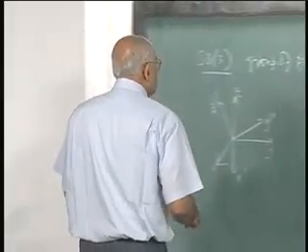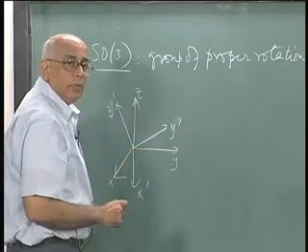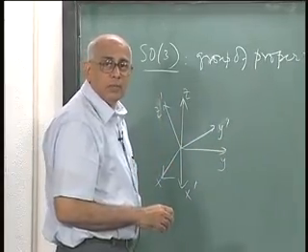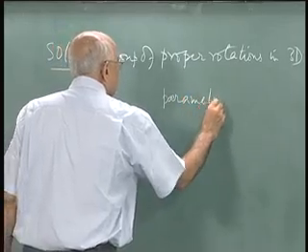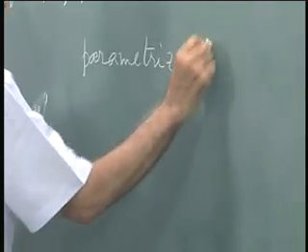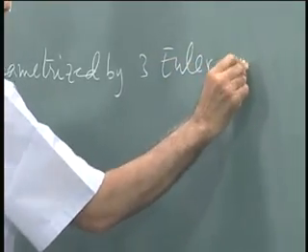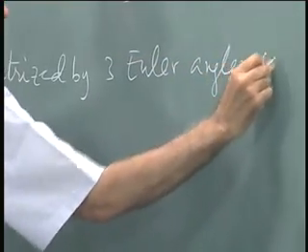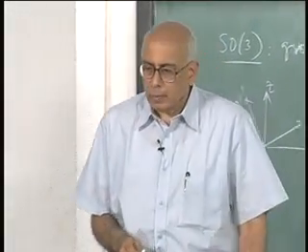So a rotation of this kind, when acting on coordinates, would be represented by a 3 by 3 orthogonal matrix parameterized by 3 Euler angles, for instance.